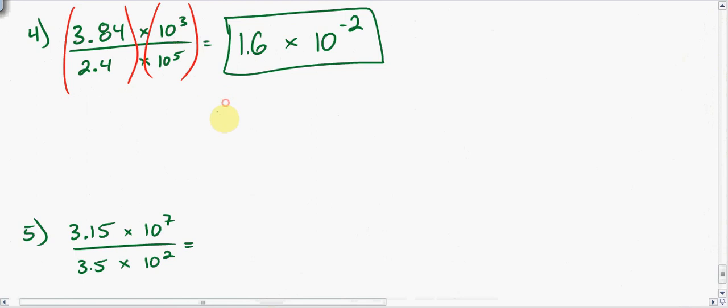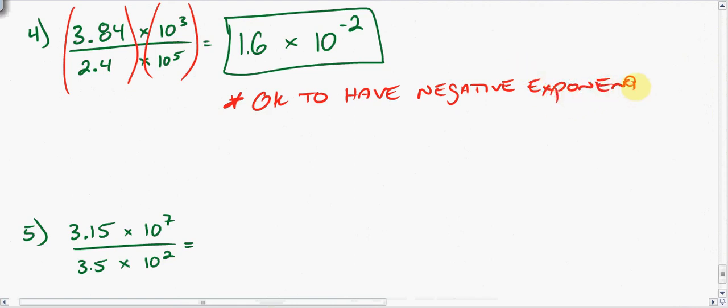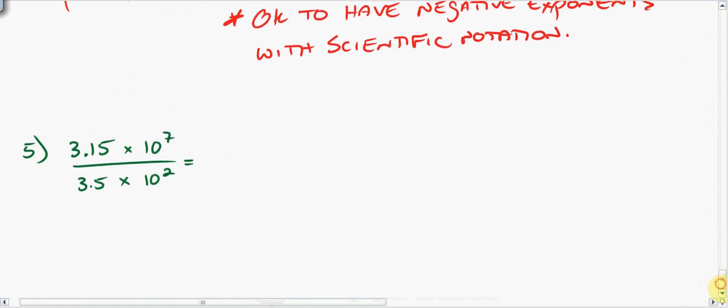With scientific notation, make a little note here: it's okay to have negative exponents when you're using scientific notation. Perfectly acceptable.